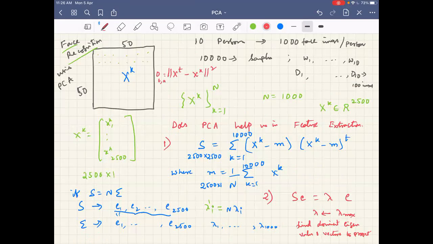Whichever is least, based on that you decide which class it belongs to. Hope this is clear to you.